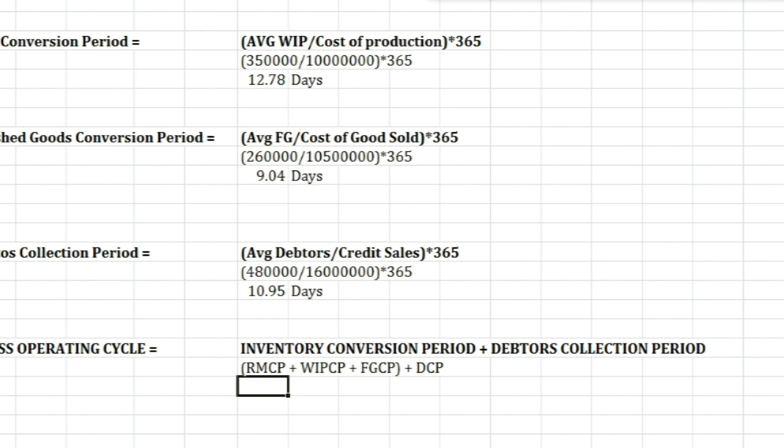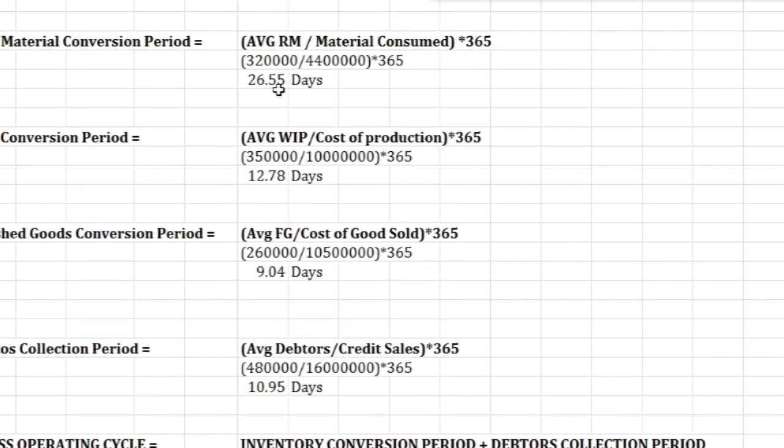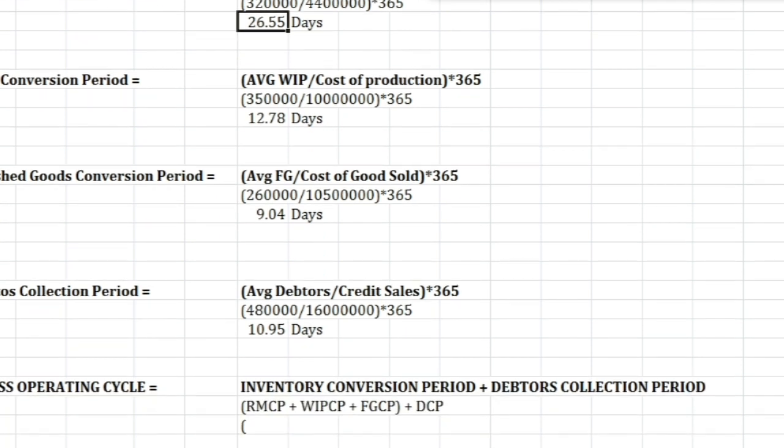As per our calculation, we can add the values: 26.55 days plus 12.78 days plus 9.04 days plus the debtors collection period, 10.95 days.